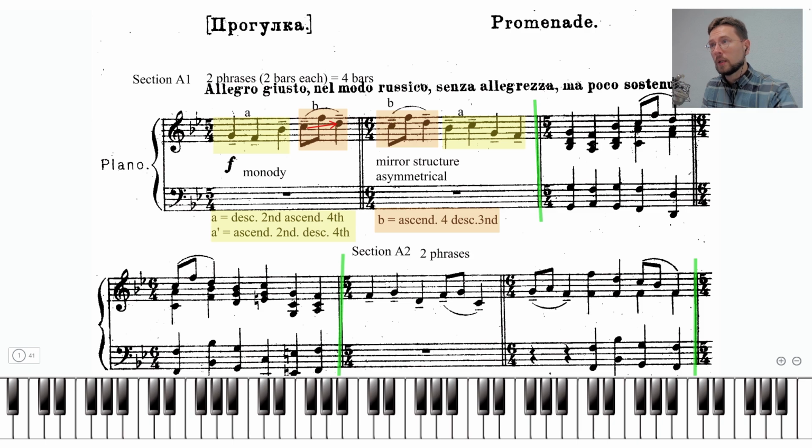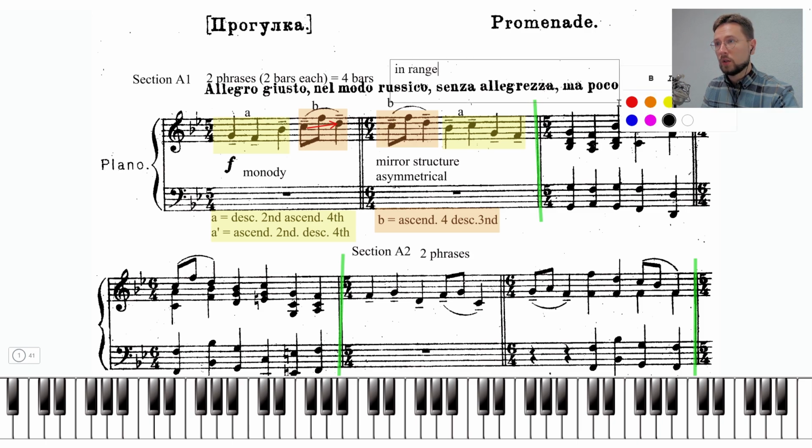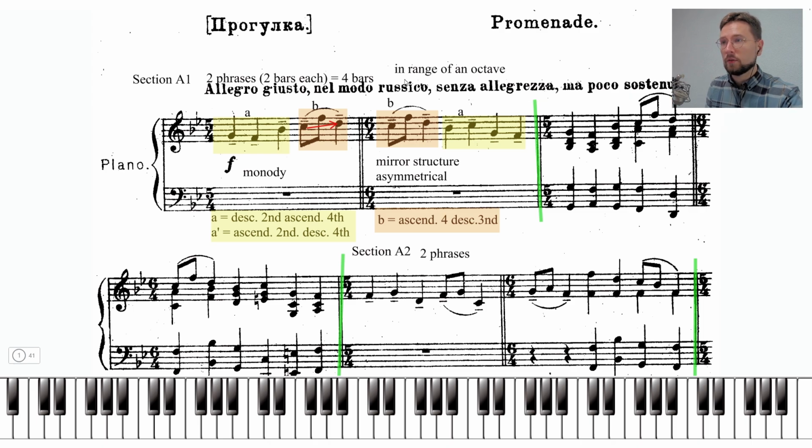At the same time, it's in a singable range, in a range of an octave, which makes it very convenient for the human voice. But if we connect all of these notes together, we get a quite unusual scale for the time, because it's a pentatonic scale.